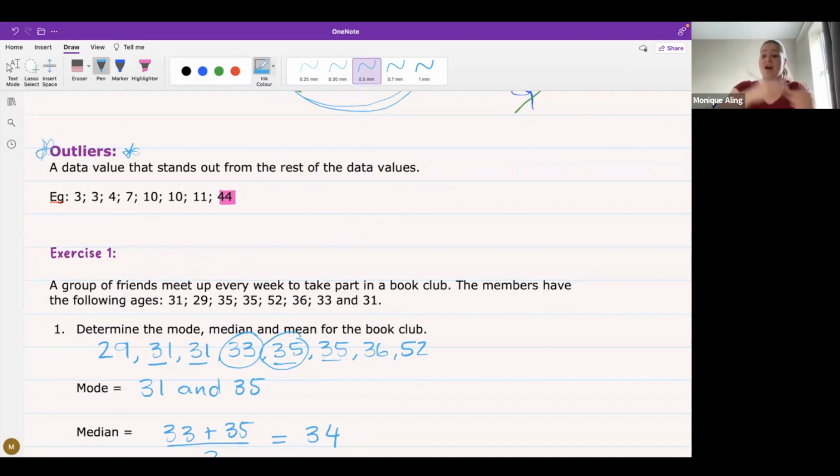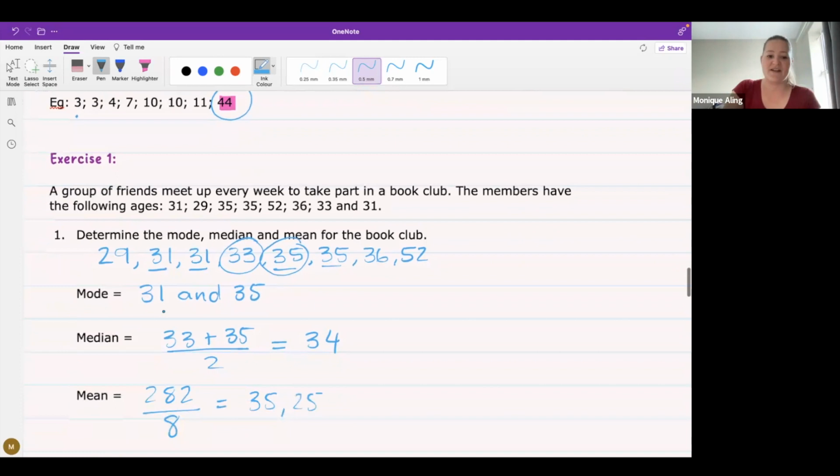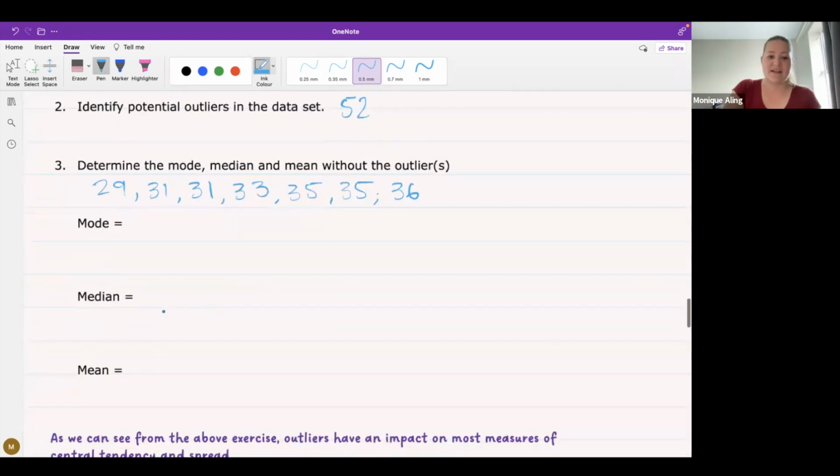So it's either a lot higher than most of the values or it's a lot lower. So if we look at our example here, we're dealing with a lot of numbers that are all below like 11, and then all of a sudden our last number is 44. So that one stands out by quite a bit. So that's an outlier. Does that make sense? Yes, perfect. Thank you. Pleasure.